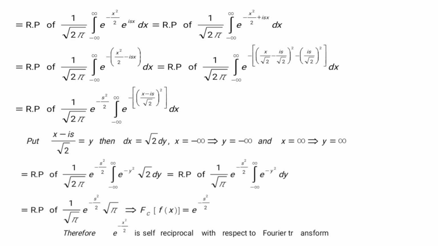Then dx equals square root of 2 into dy. When x equals minus infinity, y is also minus infinity, and when x is infinity, y is also infinity.